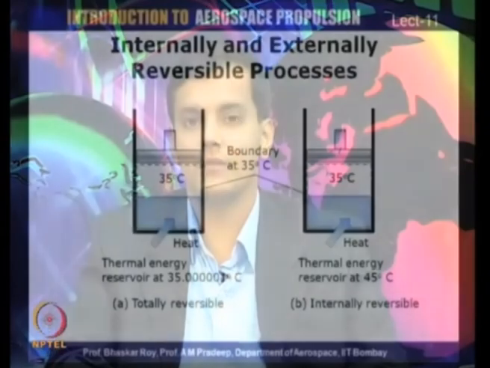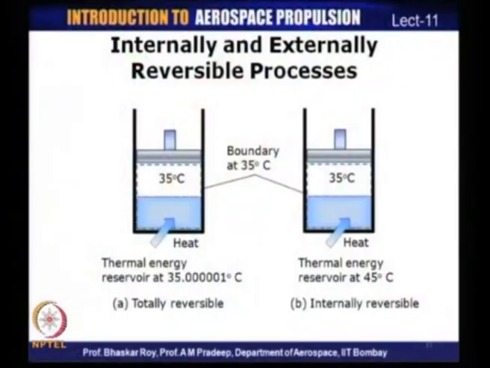Now, we will just look at one example of a system which can be in both these modes of operation. On the left hand side, we have a system. Basically, it is a two-phase system. There is, let us say, water and steam.